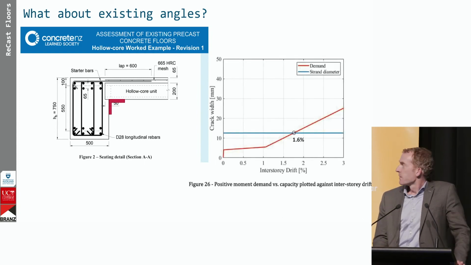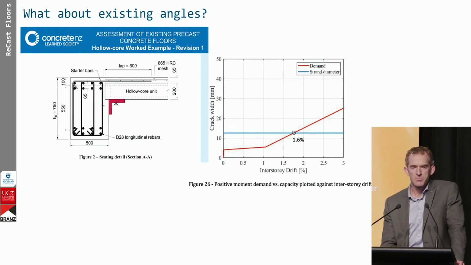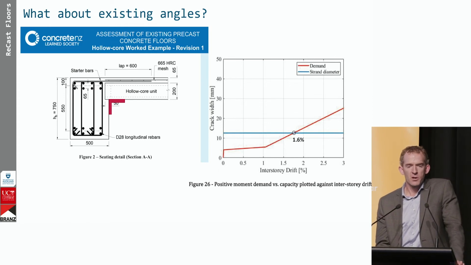So we've got a big angle in there now. The next failure in that example that kicks in is positive moment failure. And so what we're saying now is that we're not comfortable with the angle being able to address that failure. So at that point, the building would be limited to that sort of drift level, and you'd need to either be happy with that drift level or look at some other form of retrofit.